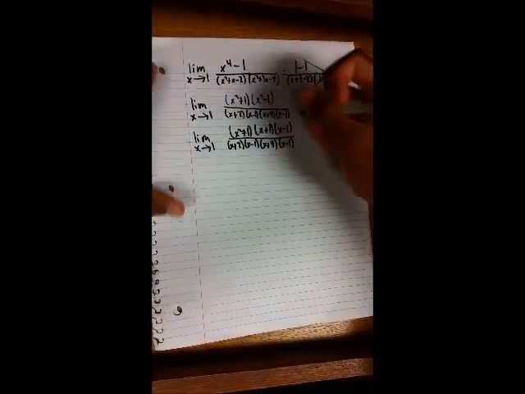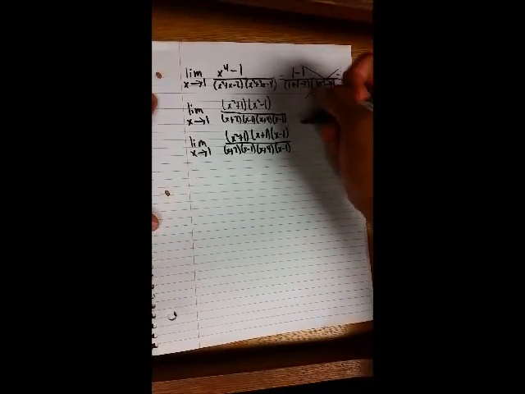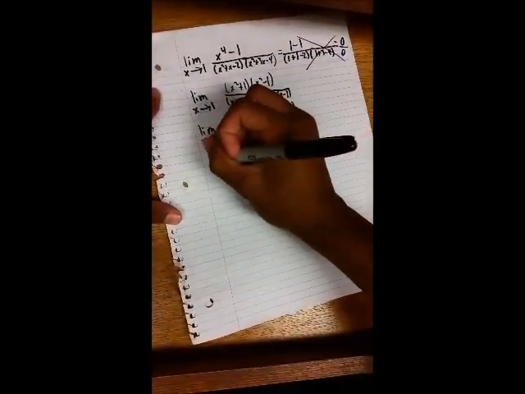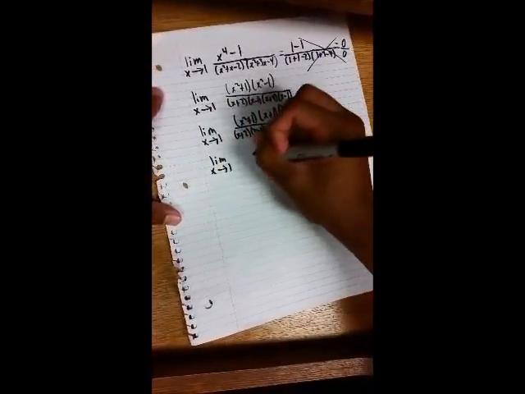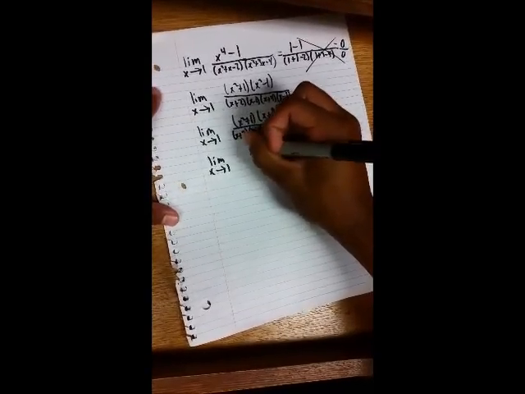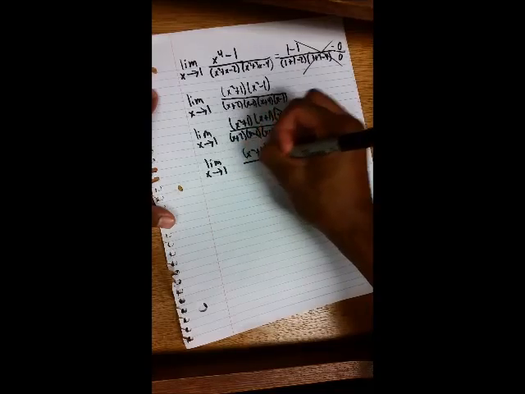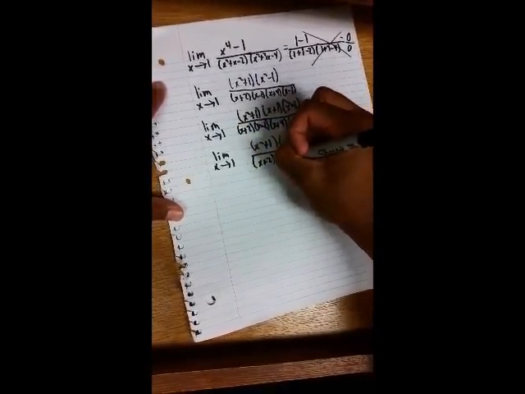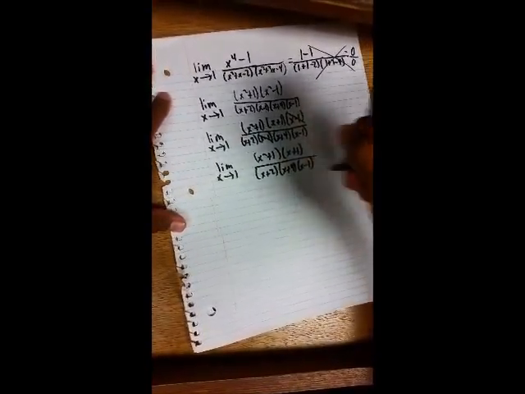Now what you should notice is that we can cancel an x - 1 from the numerator and an x - 1 from the denominator. What we're left with is the limit as x approaches 1 of (x^2 + 1)(x + 1) all over (x + 2)(x + 4)(x - 1).